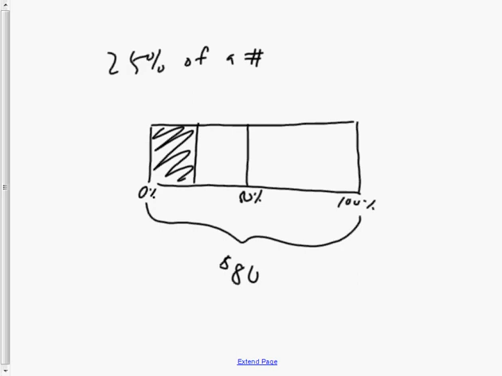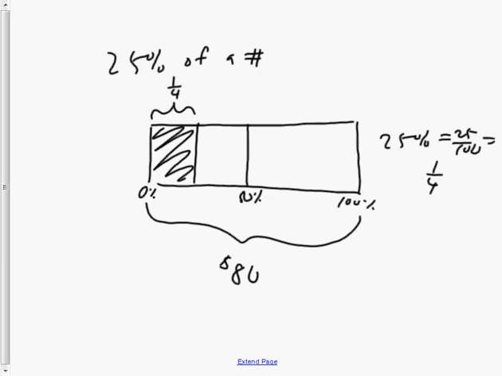half of 50%. So 25%, another way to think of it is as a quarter, which is 25 over 100, you know, a quarter being 25 cents, 25 over 100, or just a quarter. So when we think about this whole bar, this part right here is really a quarter of the whole number.